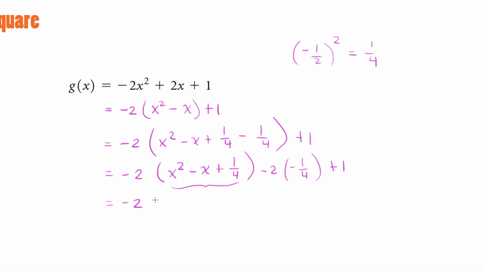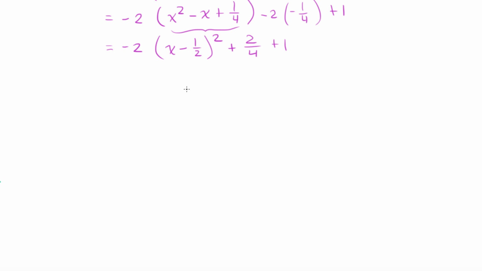Now these three factor perfectly into b over 2. So this is going to be x minus 1/2 squared. Negative times negative is positive. So this is positive 2 over 4 plus 1.